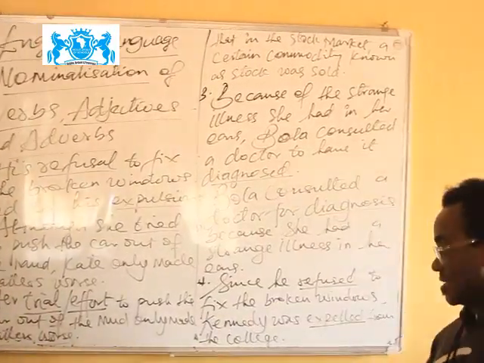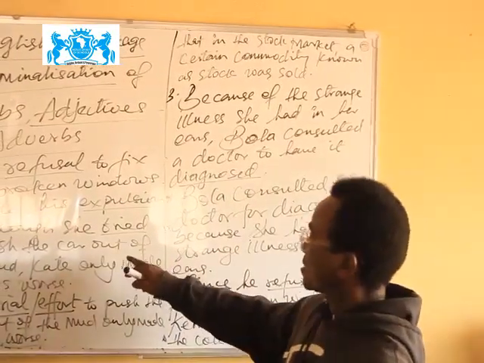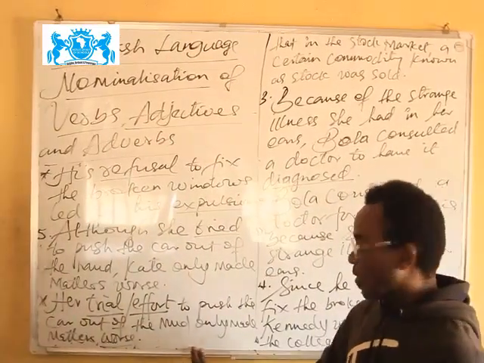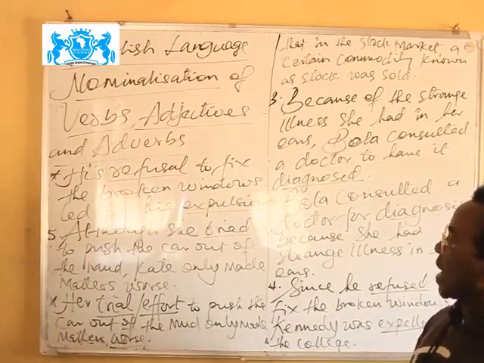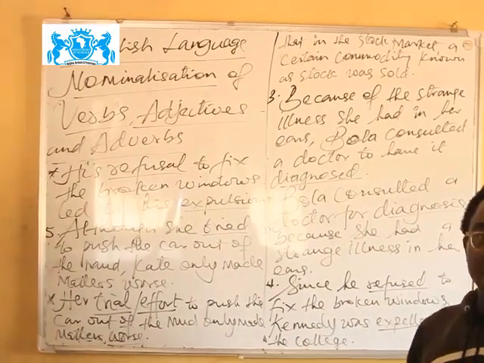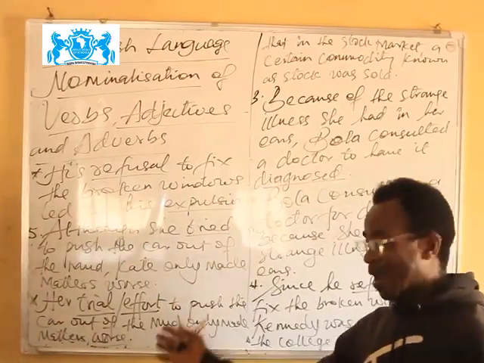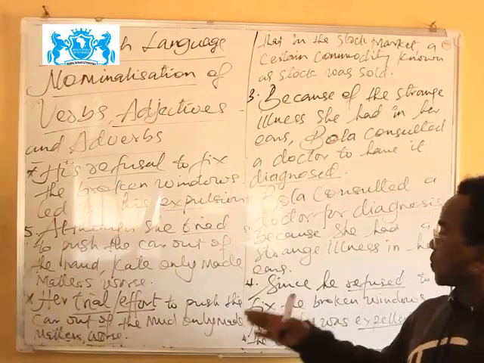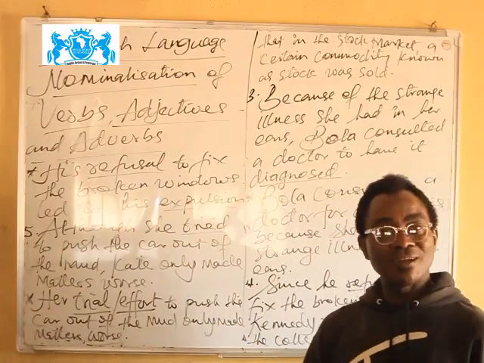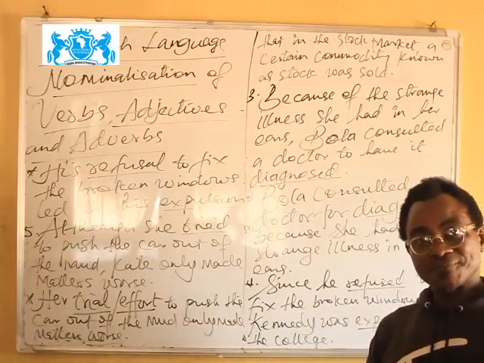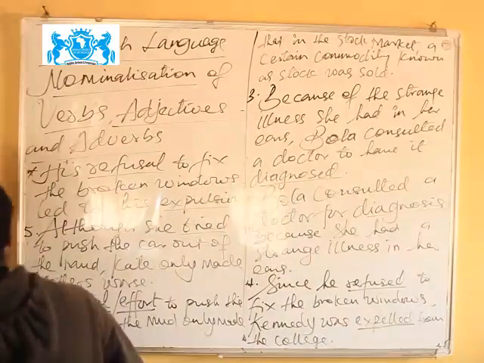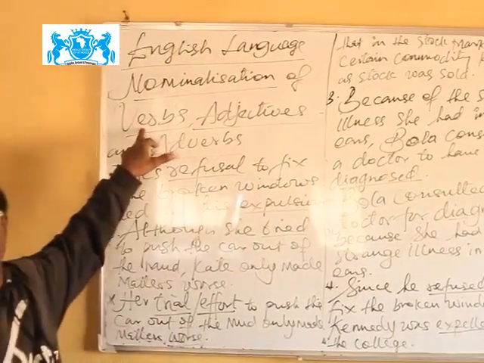And so you can see that although she tried, say her trial or her effort, although she tried to push the car out of the mud, Kate only made matters worse. Her trial or her effort to push the car out of the mud only made matters worse. In these examples, we have nominalized verbs.